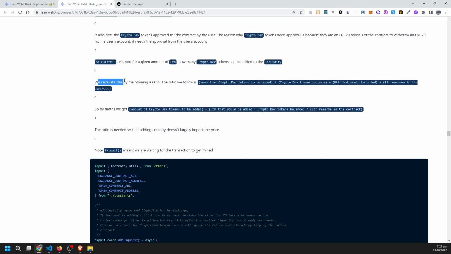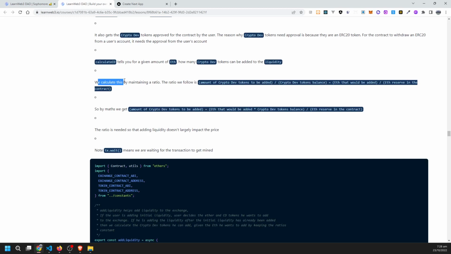So by maths we get: amount of Crypto Dev tokens to be added equals Ethereum that would be added multiplied by Crypto Dev tokens balance, divided by Ethereum reserves in the contract.